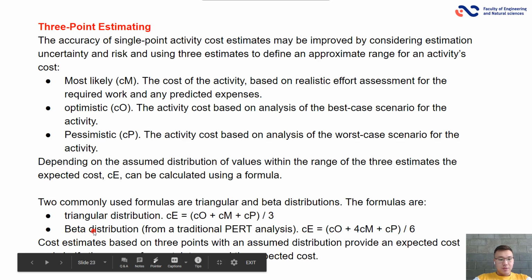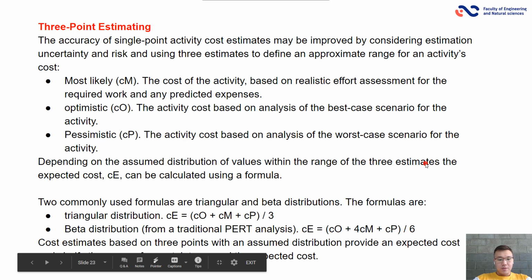The second formula, beta distribution, from a traditional PERT analysis: expected cost equal to optimistic plus 4 times most likely plus pessimistic, close the bracket and divide by 6.